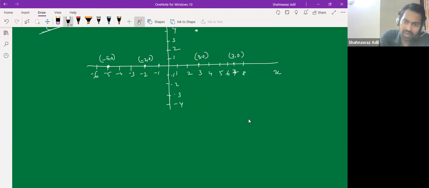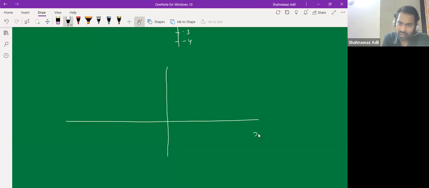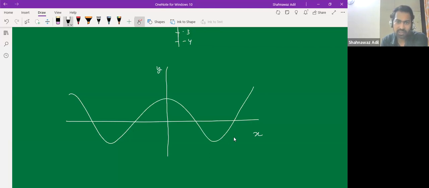Now let us talk about the polynomial. Let's say we have this x and this y, and then you plot the graph of p(x). So this is p(x). Now the points are x comma p(x), right?